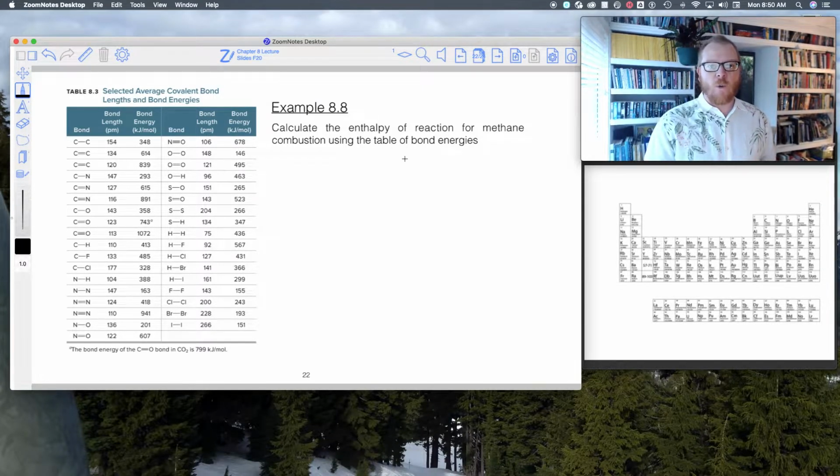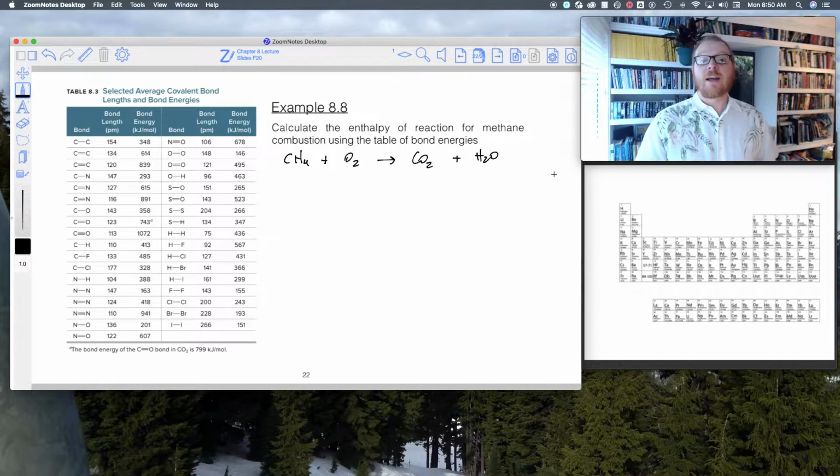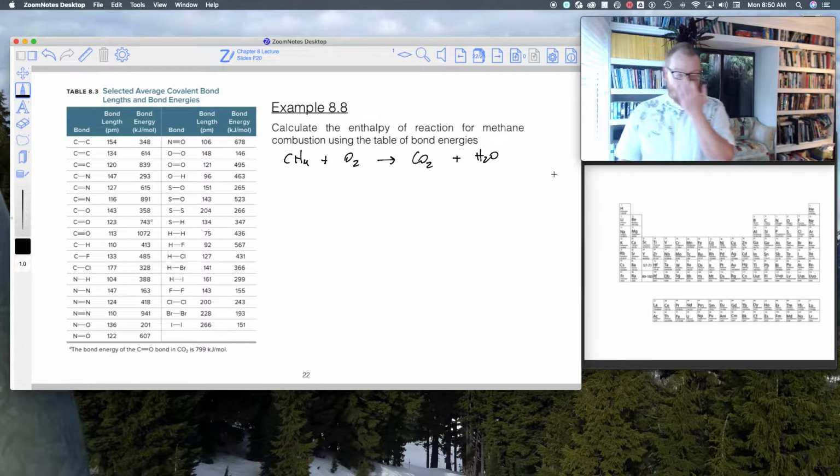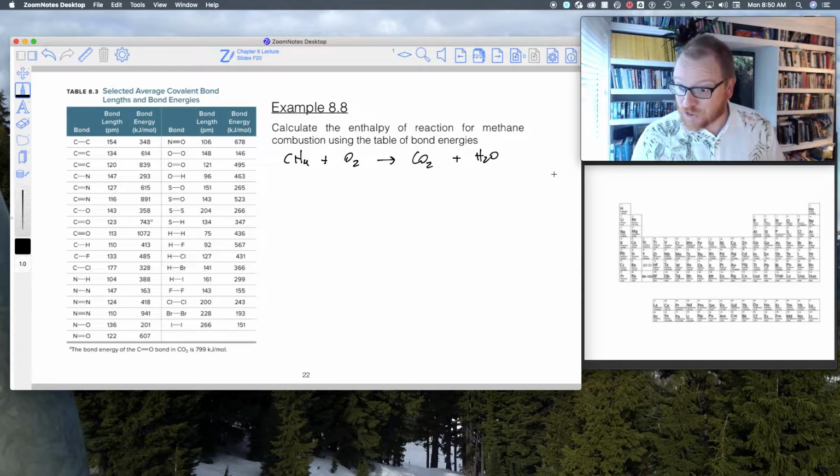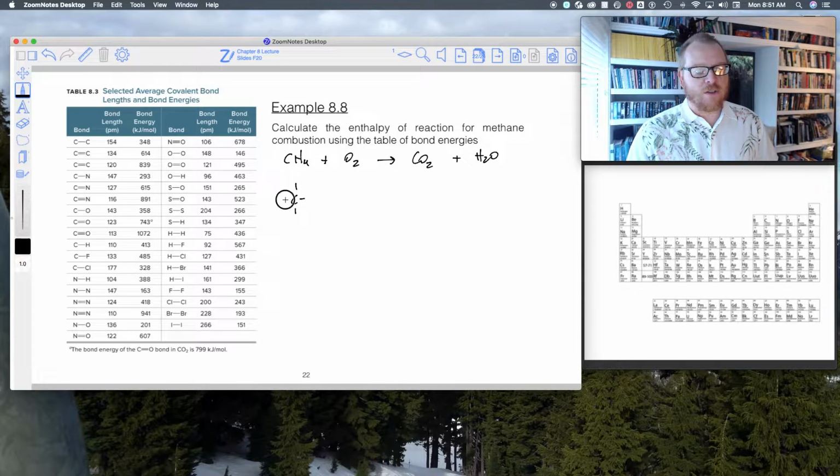So we're going to do the combustion of methane. First, let's get that reaction. CH4 plus O2 makes CO2 plus H2O. Additionally, when we calculate delta H this way, we have to get the right Lewis structures. We know that methane is all single bonds.